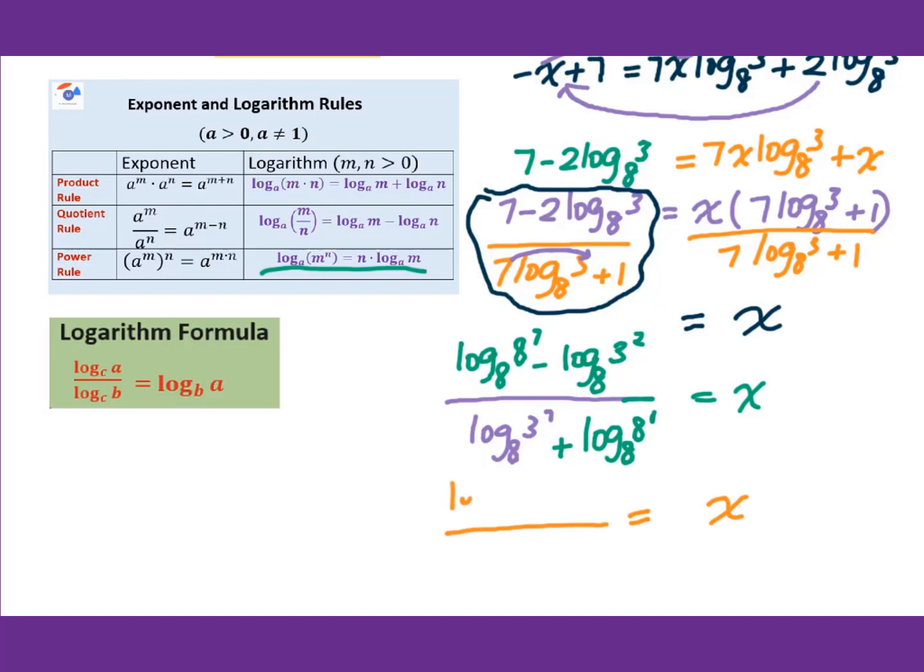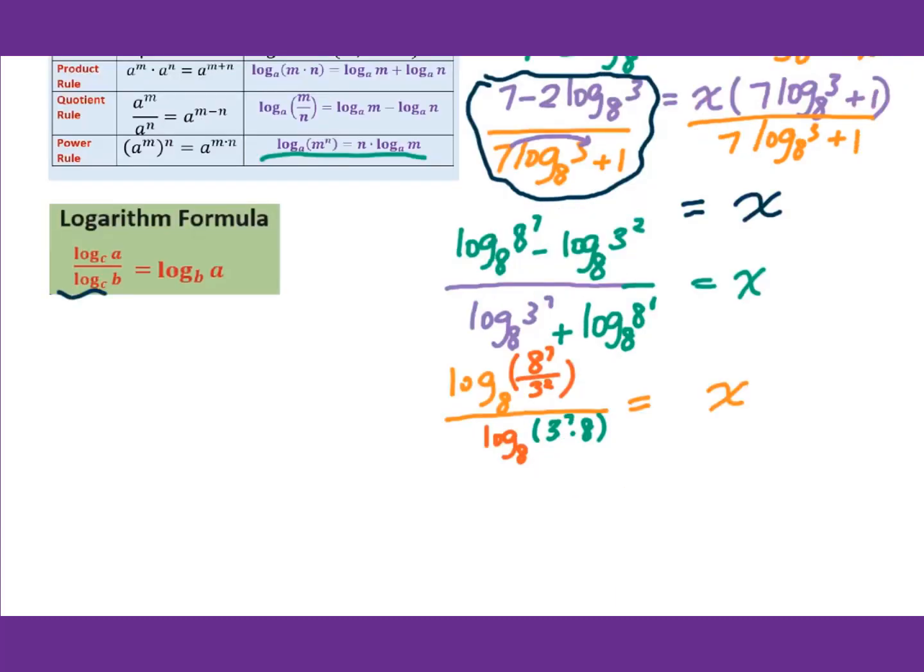Then we get x equals, condense log base 8. Subtraction means division. So we got 8 to the 7th power over 3 squared. For the denominator, adding means multiplication. Therefore, we got 3 to the 7th power times 8. Then we use this formula.